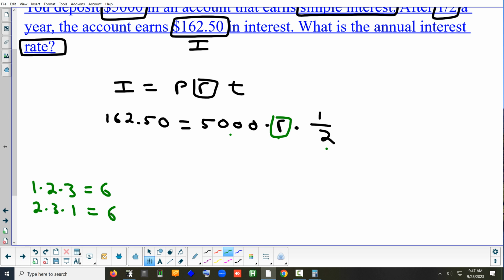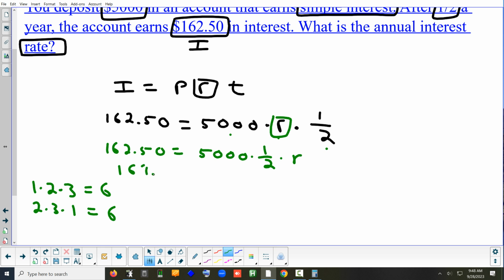No. So instead of thinking of it like that, let's think of it as 5,000 times 1/2 times R. All I did was change the order that I multiplied them in because there are 2 things I can multiply together and I wanted them next to each other. So what's 5,000 times 1/2? 2,500.